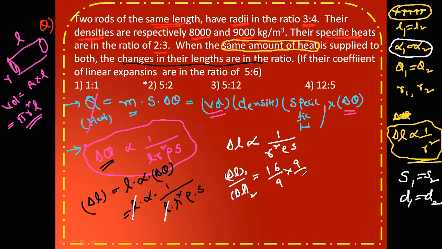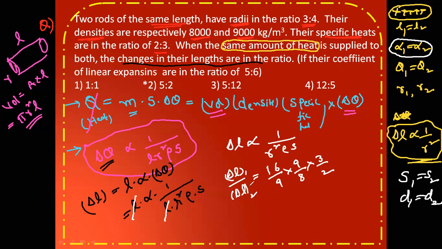So 9 upon 8 multiplied with the ratio of the specific heats. Specific heats are in the ratio 2 is to 3, so it should be 3 by 2.